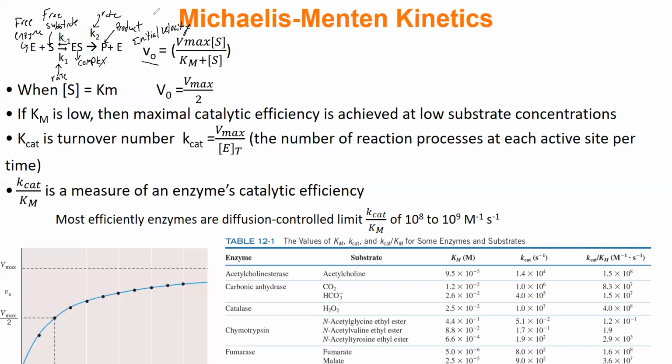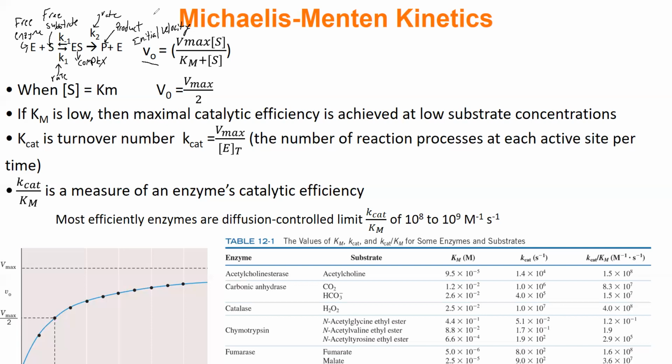And the reason for that is that initial velocity, or velocity in general, is based on how much substrate you have, right? So if I'm doing an experiment in the lab and I add substrate to my reaction, I know how much substrate is there because I added it. So I can calculate initial velocity.